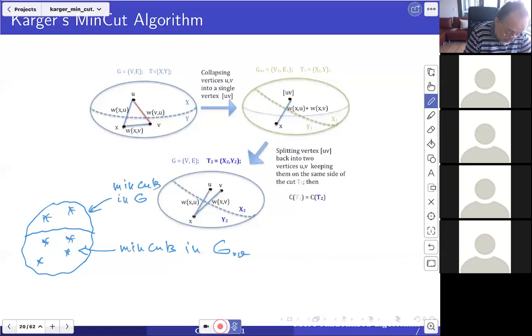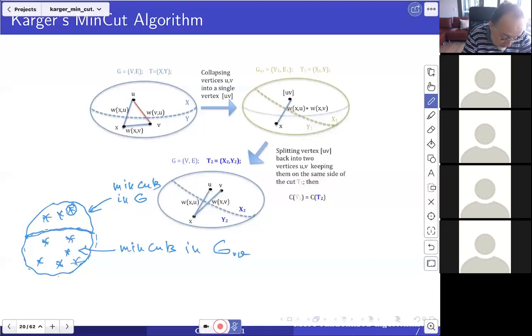So if you have a collection of numbers and a subset of these numbers, then the smallest number in the smaller set can only be larger or equal than the smallest number in the original set, because you have extra elements here, and maybe one element here is smaller than all elements in the subset, so the minimum will be smaller.